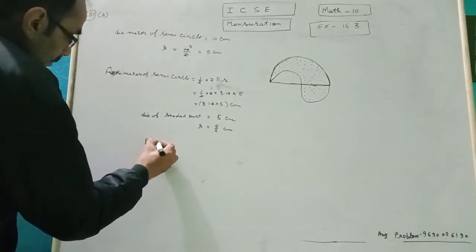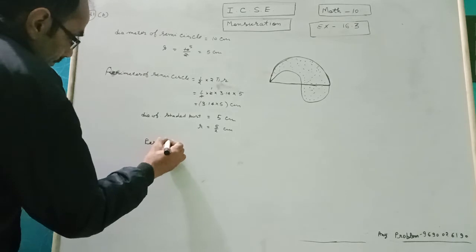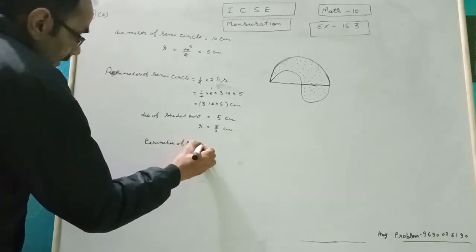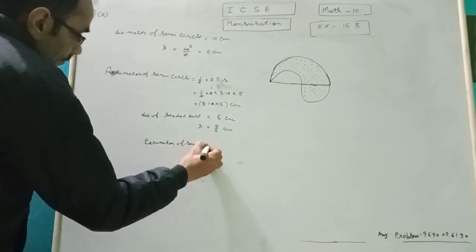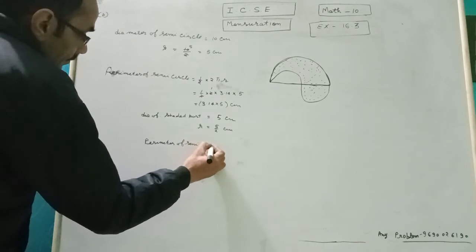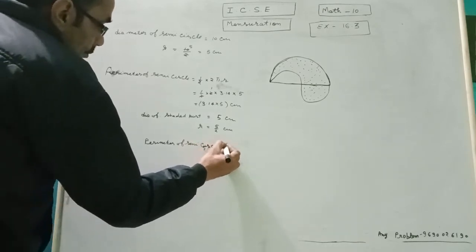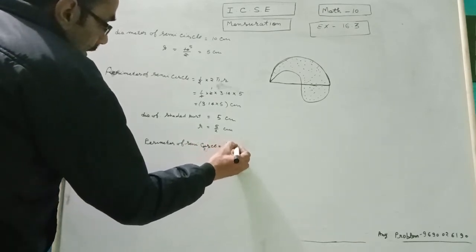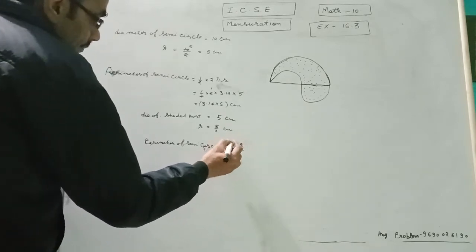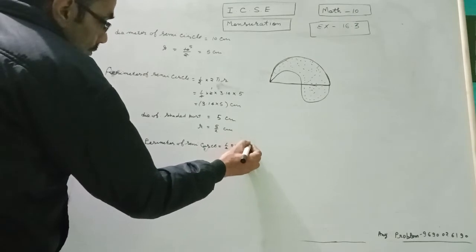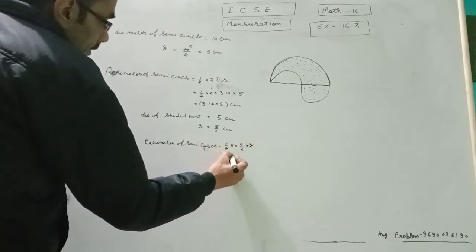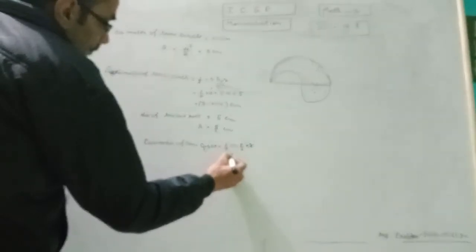Perimeter or circumference of the semicircle is equal to 1 by 2 pi into 5 upon 2 into 2. 2 divided by 2, 5 upon 2.